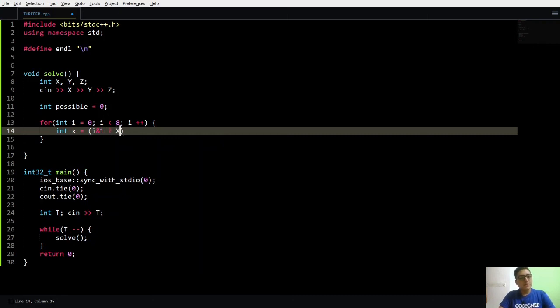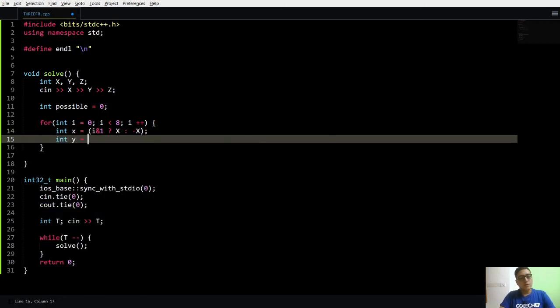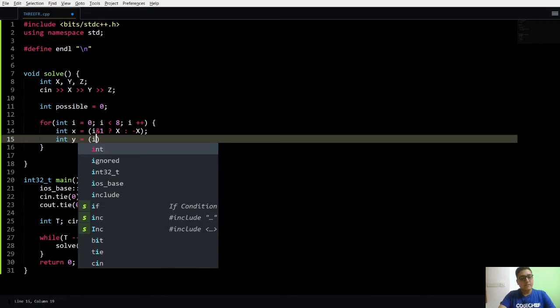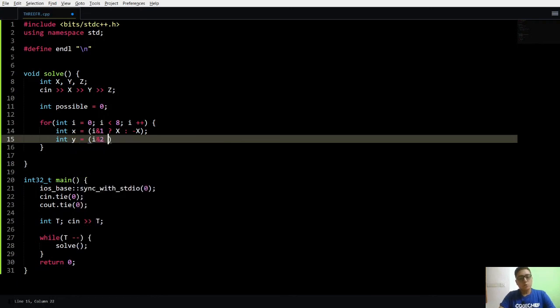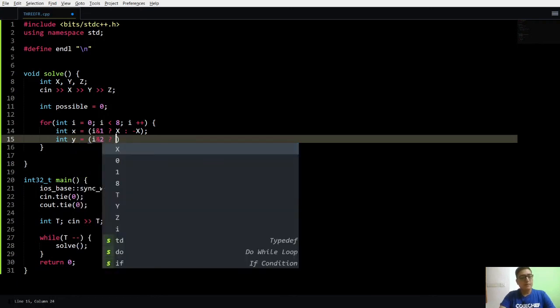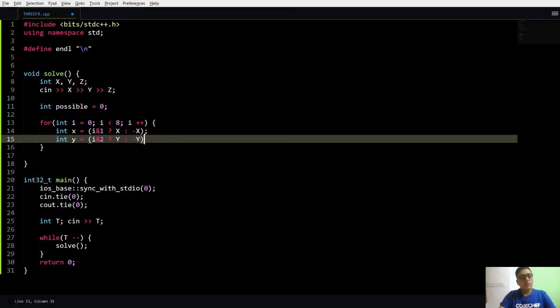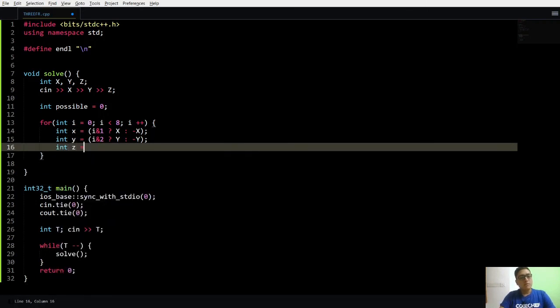We basically use x, else we use minus x. We'll do this similarly for y and z. For y, we have to use 2 because we have to check the second bit. For z, we use 8 because we check the third bit.